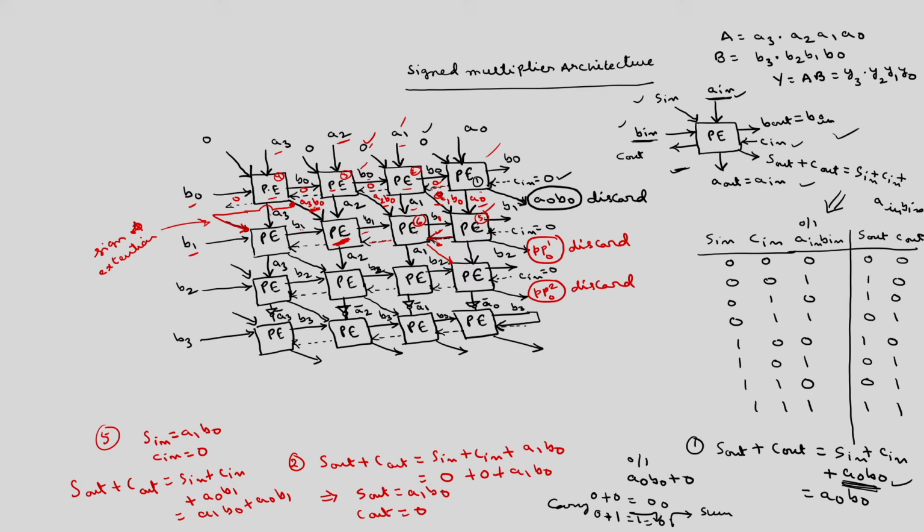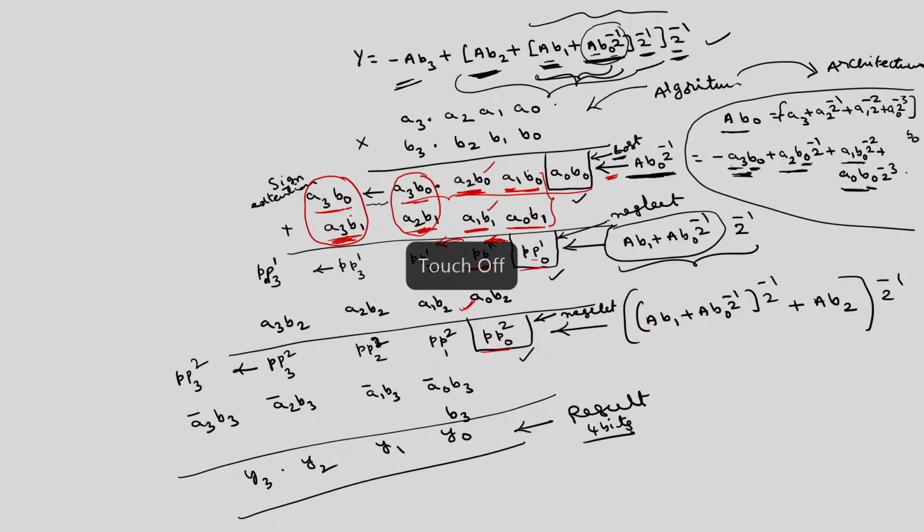Now, the same A3 B0 is going to add with A2 B1 as well as A3 B1. This is A3 B1, this is A2 B1. So, that is what we have here. Similarly, this PP31 has to be added with A2 B2, A3 B2.